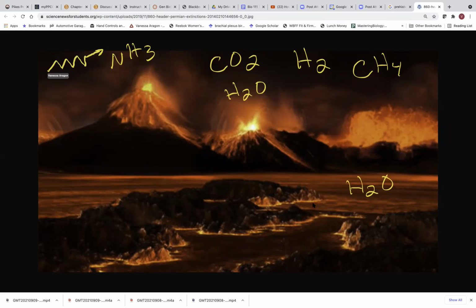And that lightning, lots of energy, is going to break these bonds. Okay, lots of energy, lightning. What's it going to do? It's going to break the bonds of the carbon and the oxygen. Going to break the bonds of the carbon and the hydrogen in CH4. And the same thing with the water and so forth.